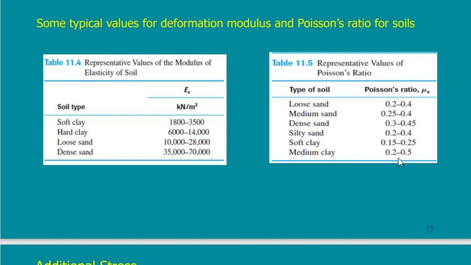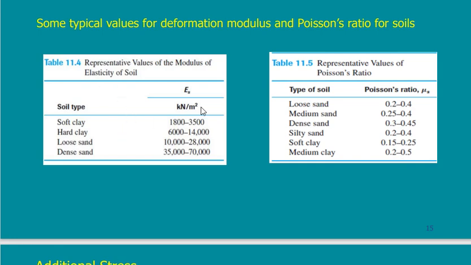So, if I take a value of 0.3, it will fit in all of the soils. So the sensitivity of the parameter is not very high. If I don't know Poisson's ratio for a certain sample, I can easily assume it without big loss in accuracy.